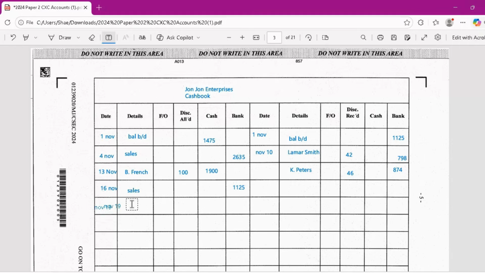So when the owner puts money into the business, that is called capital. However, he is lending the business money, so you could have also recorded it as a loan from the owner.